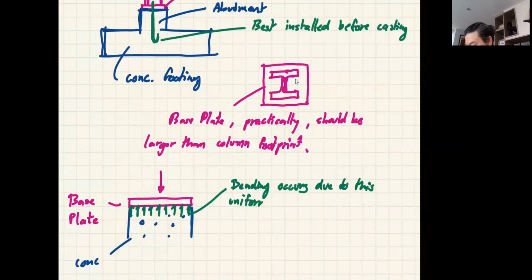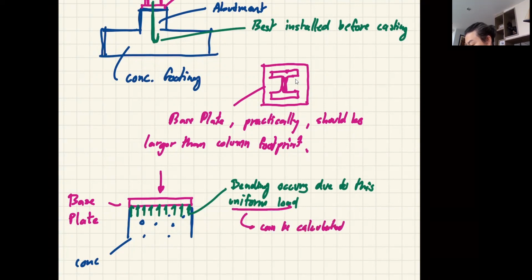This uniform load can be calculated once the area of the concrete, A_C, is known.